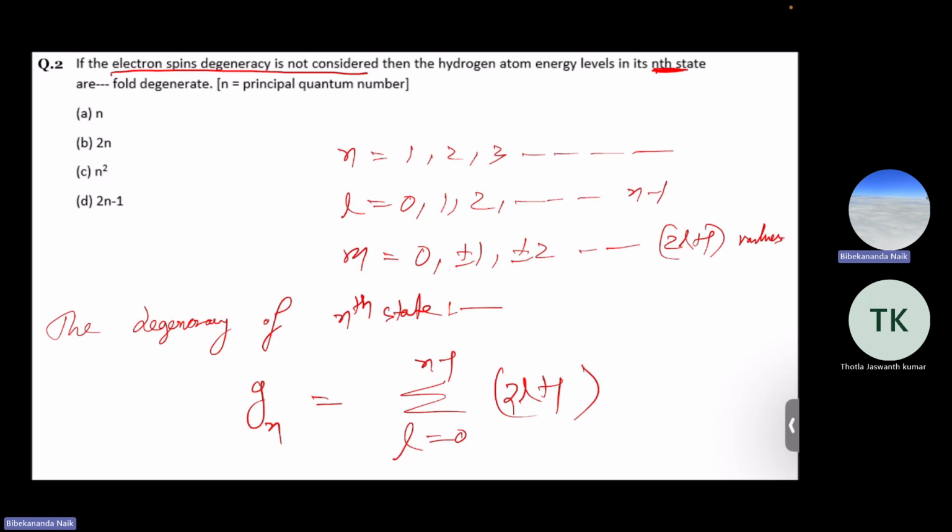Now you see, L is 0 to n minus 1, so for a particular value of n, L will have n number of values. For example, suppose n is 3, then what are the values of L? L is 0, 1, 2, and this is again 3 values.